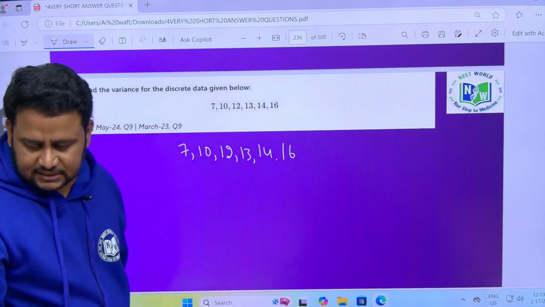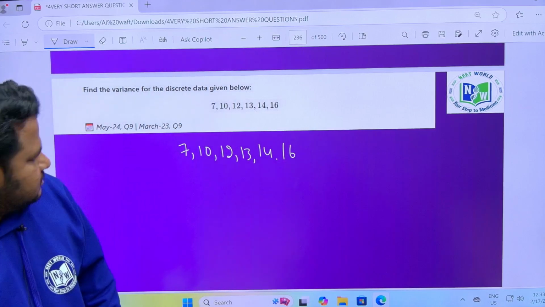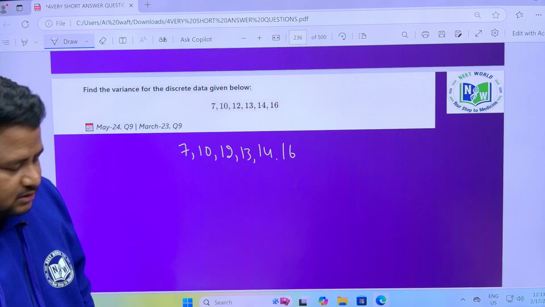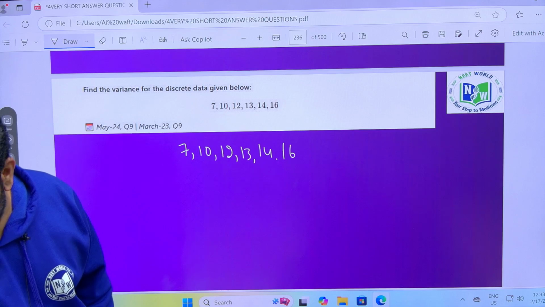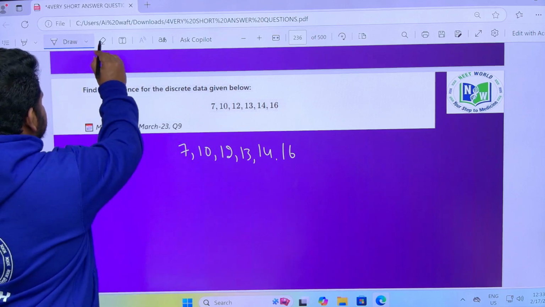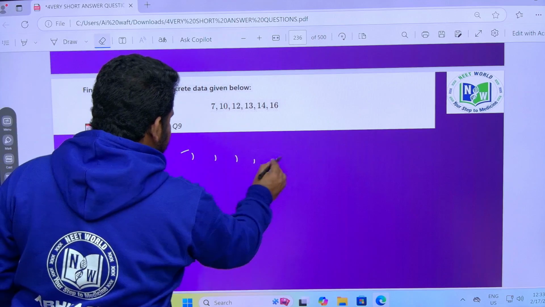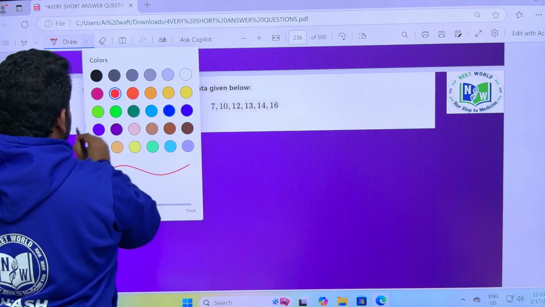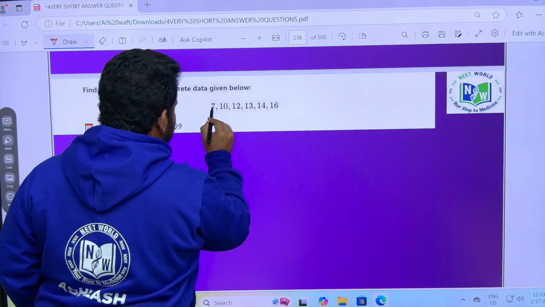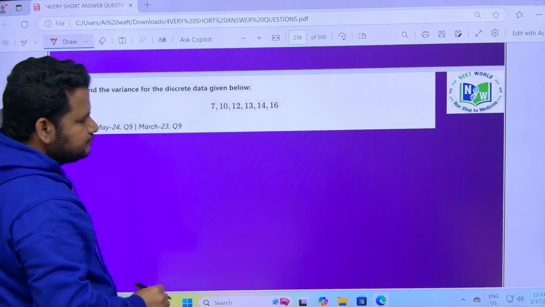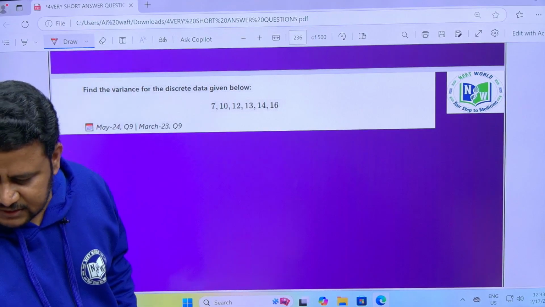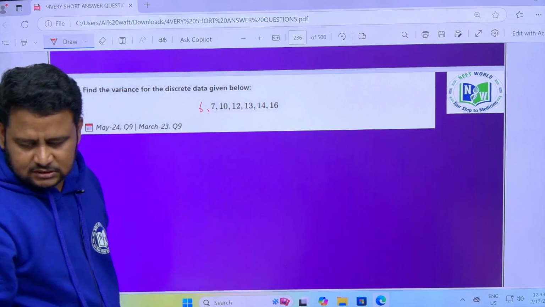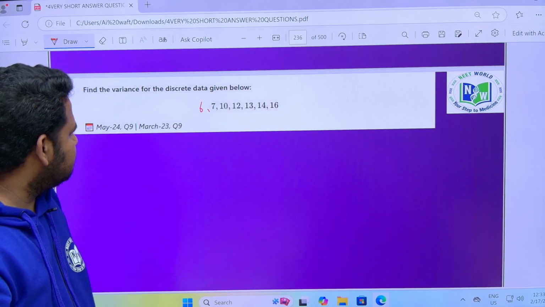Let me have a check at it. There is some change here. They have given 6, 7, 10, 12, 13.